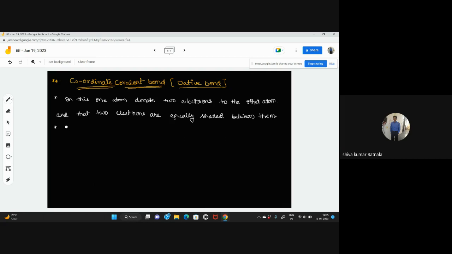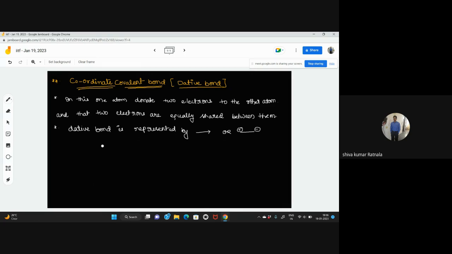Shared between them, and the dative bond is represented by an arrow.